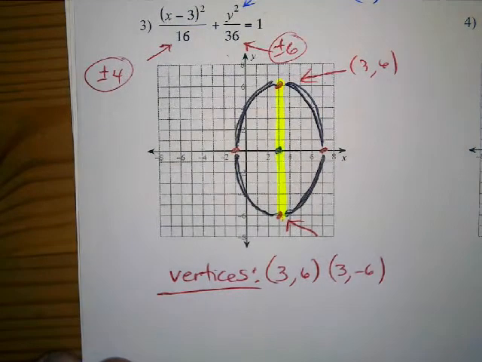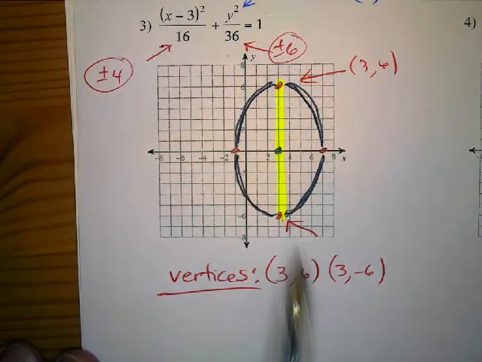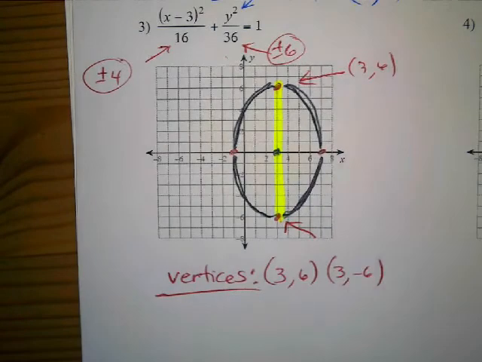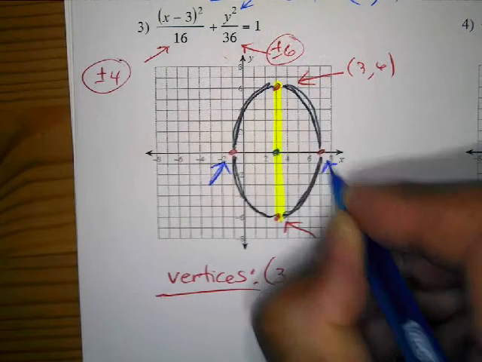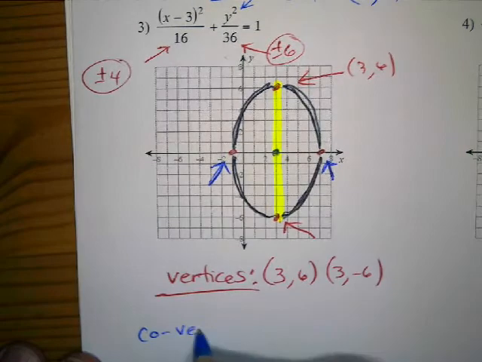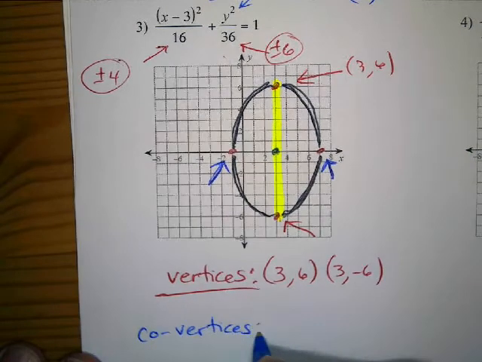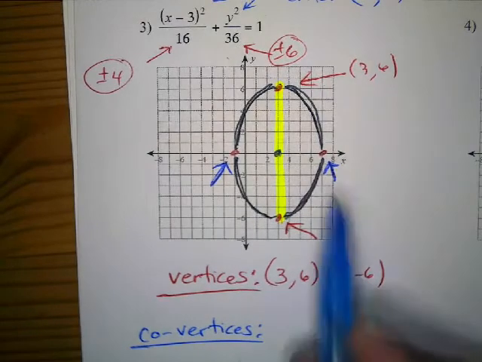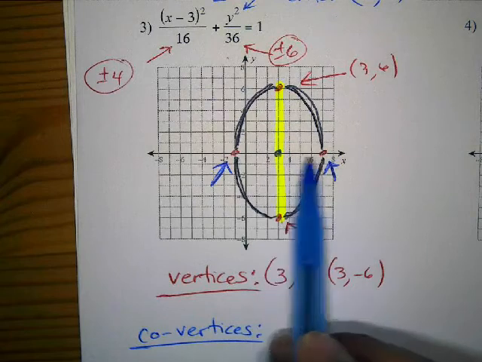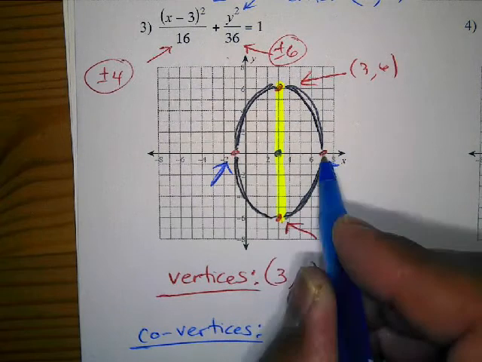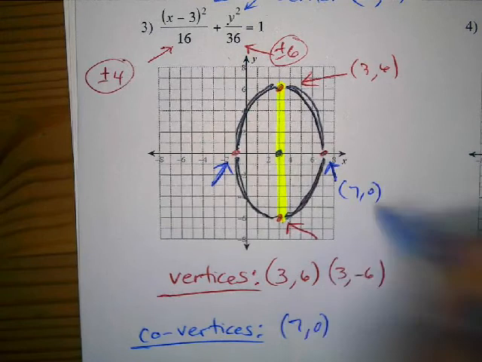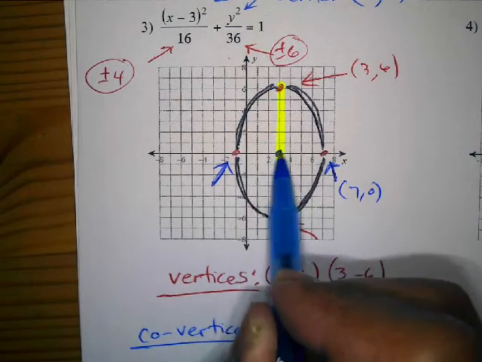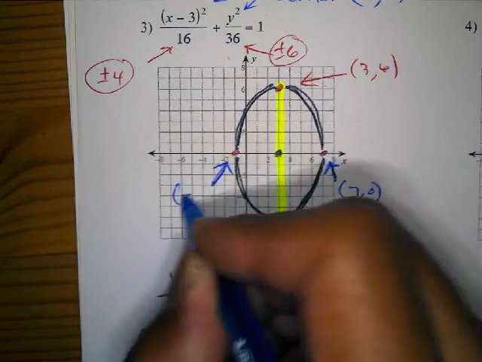And what do we got over here? Also 3 and -6. And then your co-vertices are these here that I'll put in blue. And that's going to be 7, 0 for this one.